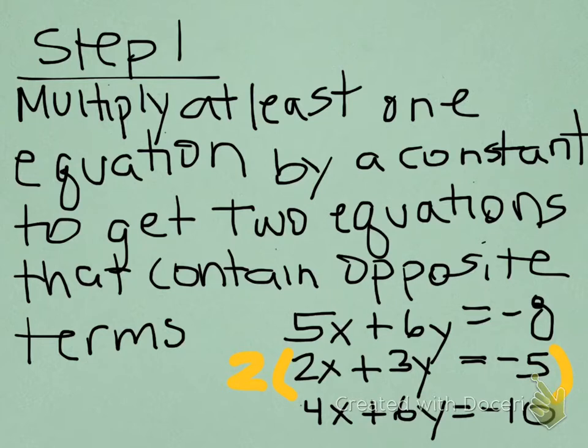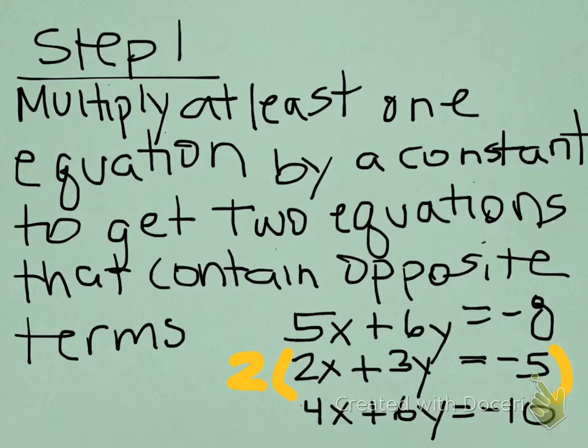So, if you can see here, the original equations are in black. You have 5x plus 6y equals negative 8, and then you have 2x plus 3y equals negative 5. So, you can choose either to make the y terms the same or opposite, or the x terms the same or opposite. So I chose to make the y terms the same by multiplying by 2.